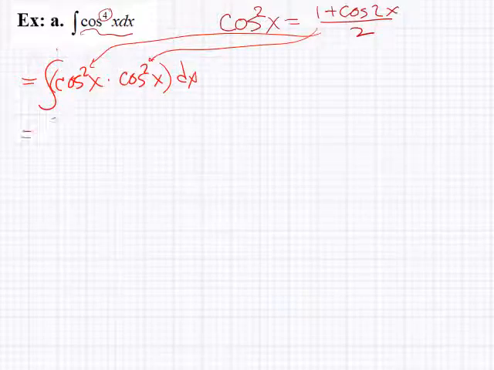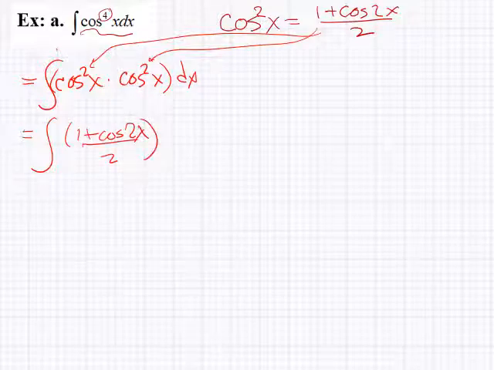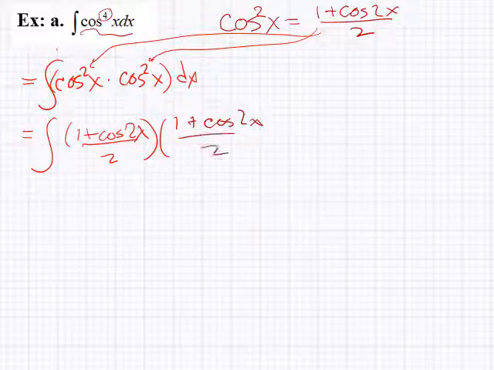And so I get (1 plus cosine 2x) over 2 times (1 plus cosine 2x) over 2 dx.